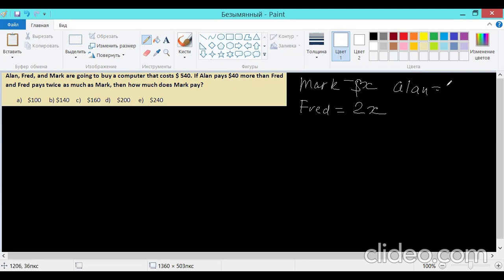40 plus twice x, and this sum plus this sum plus this sum is equal to 540. It's logical, I guess. It's clear. So x plus twice x plus 40 plus twice x is equal to 540.